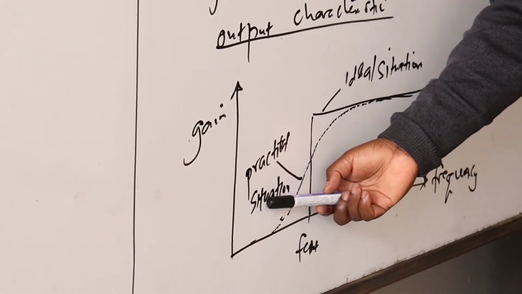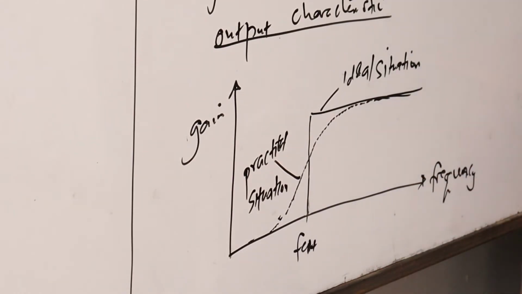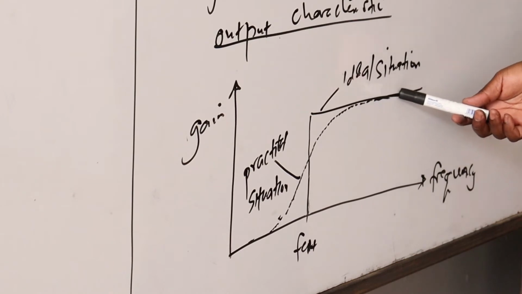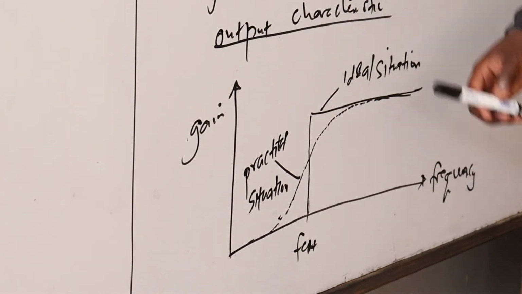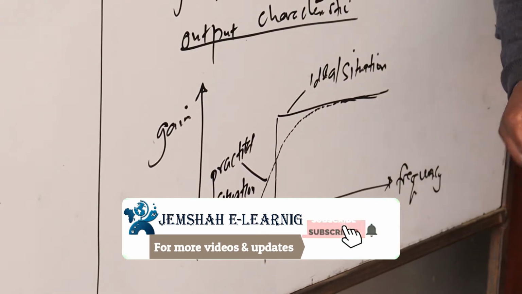Between this point and this point, the frequencies are blocked by the capacitor since they are still low frequency. But as they move to high frequency, they are able to be conducted, and the conductivity improves up to this point. So this is what we talk of as the practical. We also have the gain and the frequency, which remain the same.